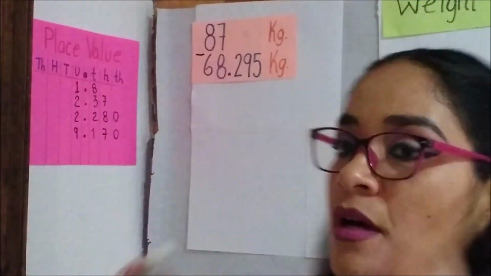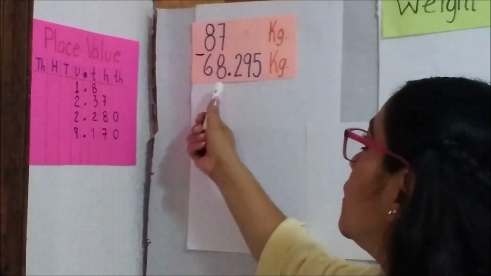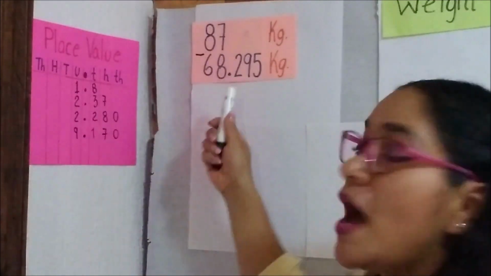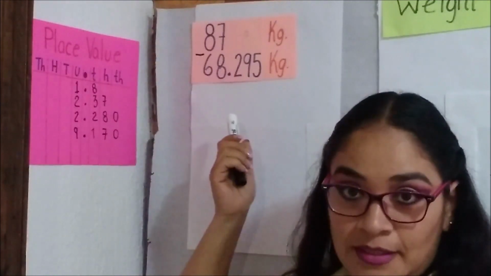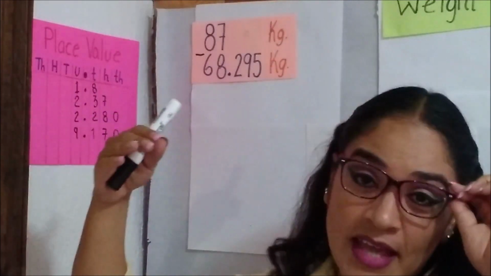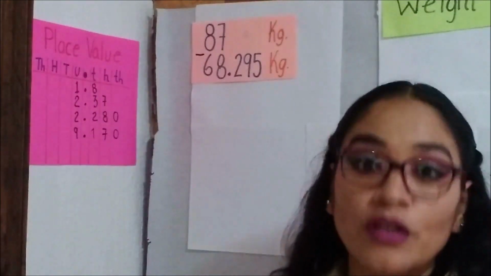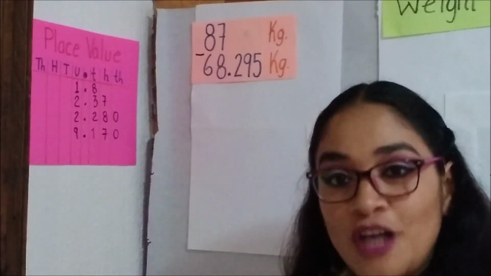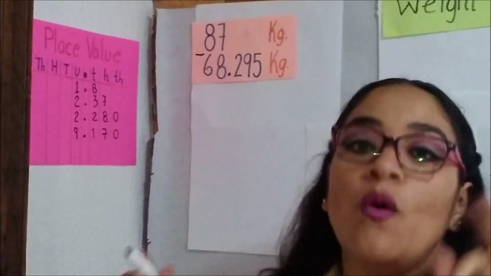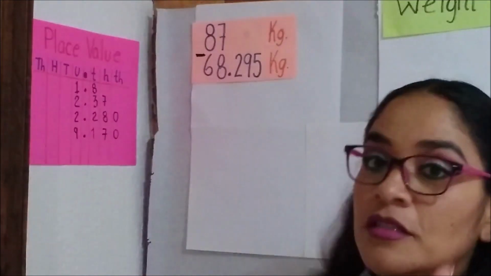We already know the total amount that they weigh together. And we also know how much the father weighed. So, if we subtract the weight of the father from the total, we're going to get the son's weight, right? Well, so we need to subtract.